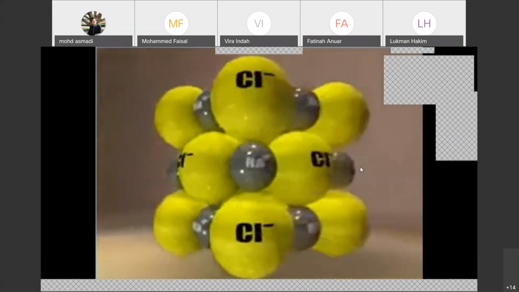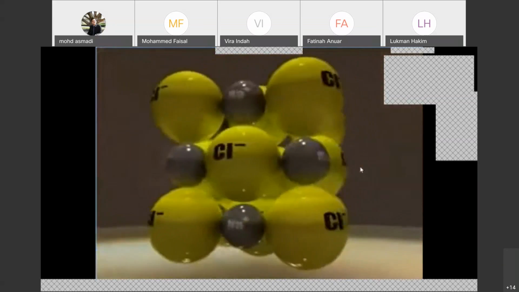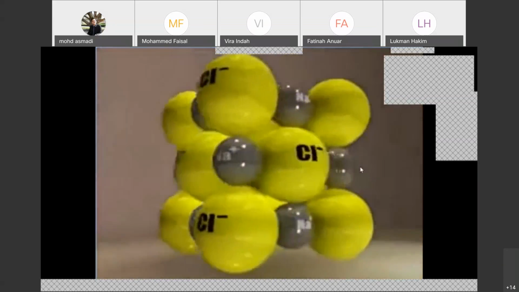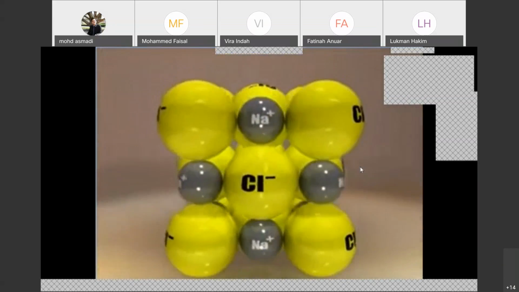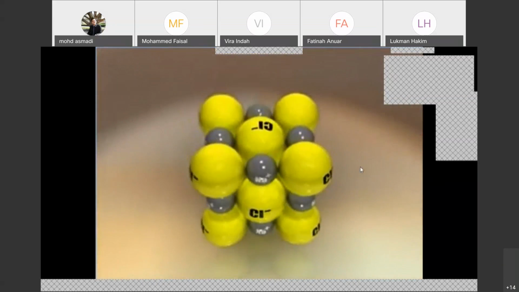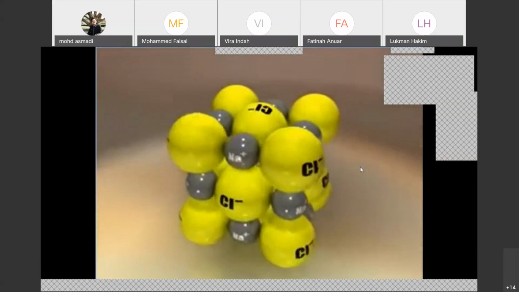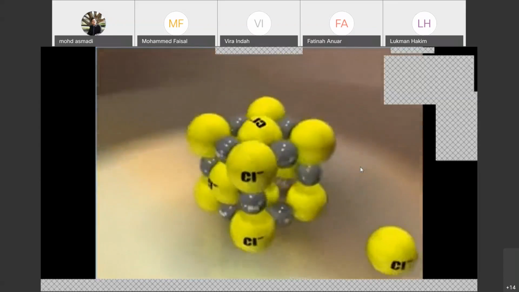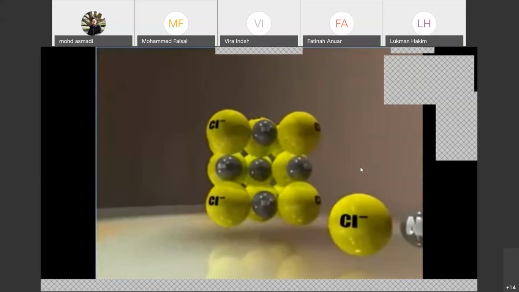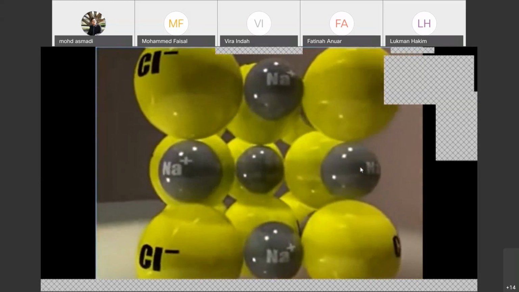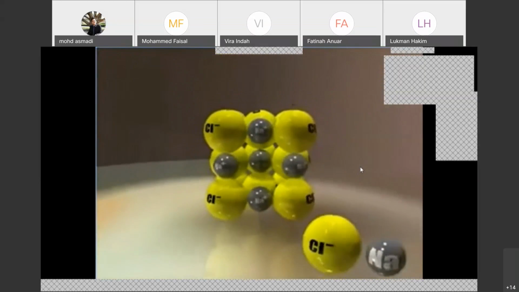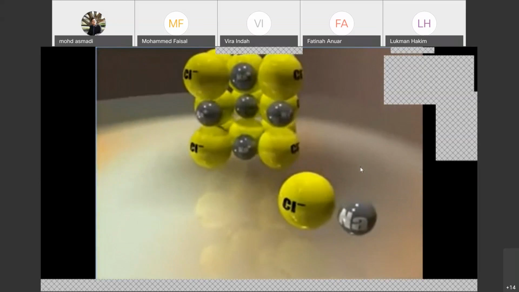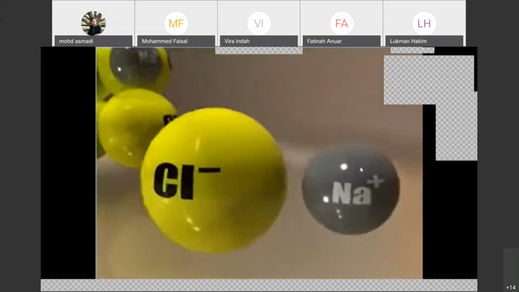Let's first understand the metal excess defects that arise due to anionic vacancies in the crystal. When sodium chloride is heated in the atmosphere of sodium vapors, then some sodium atoms get deposited over the surface of the crystal. Some of the chloride ions diffuse from the lattice sites to the surface and combine with the sodium atoms to form sodium chloride.